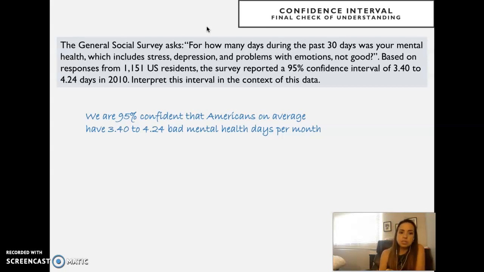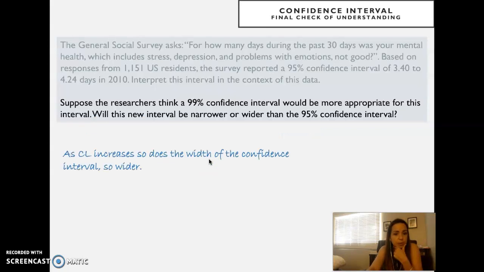Based on responses from 1,151 US residents, the survey reported a 95% confidence interval of 3.40 to 4.24 days in 2010. Let's interpret this interval in the context of this data. We are 95% confident that Americans on average have 3.4 to 4.24 bad mental health days per month.